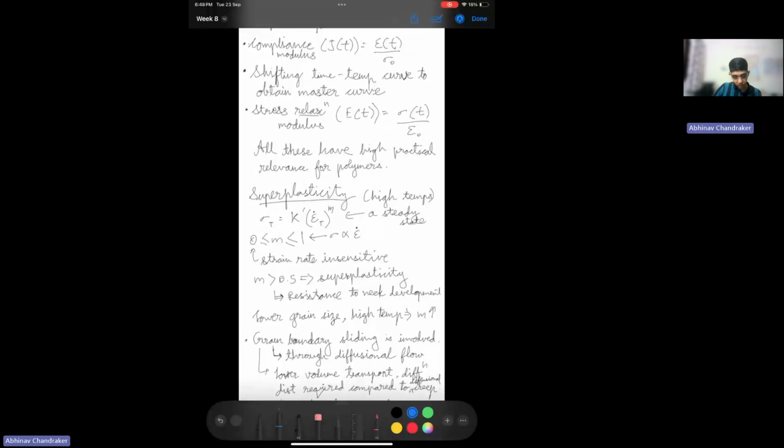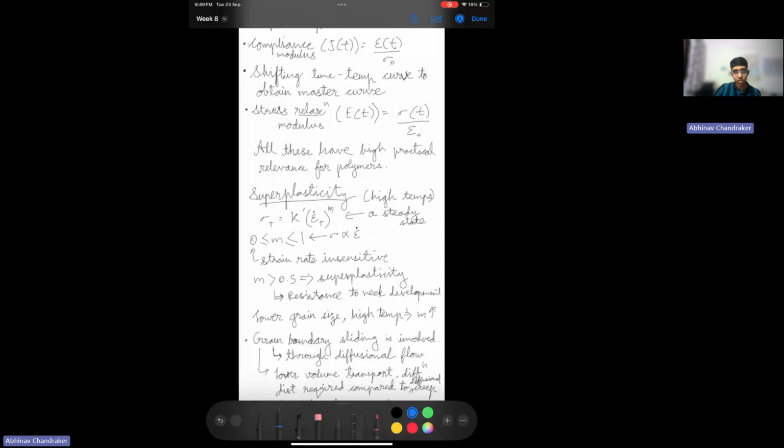Then the last portion on creep is superplasticity. As the name says, it refers to the phenomenon where a material undergoes a very high amount of plastic strain without failing.